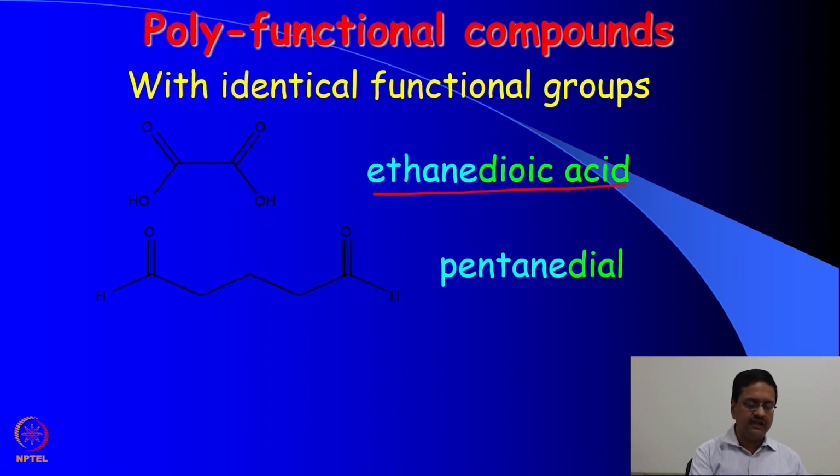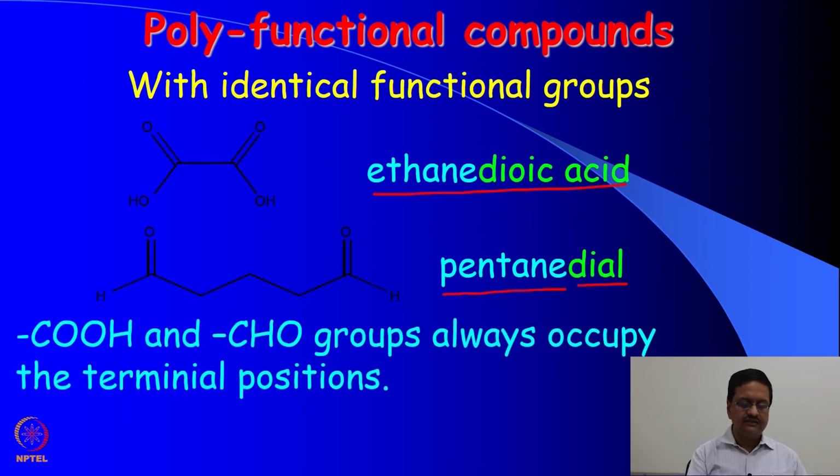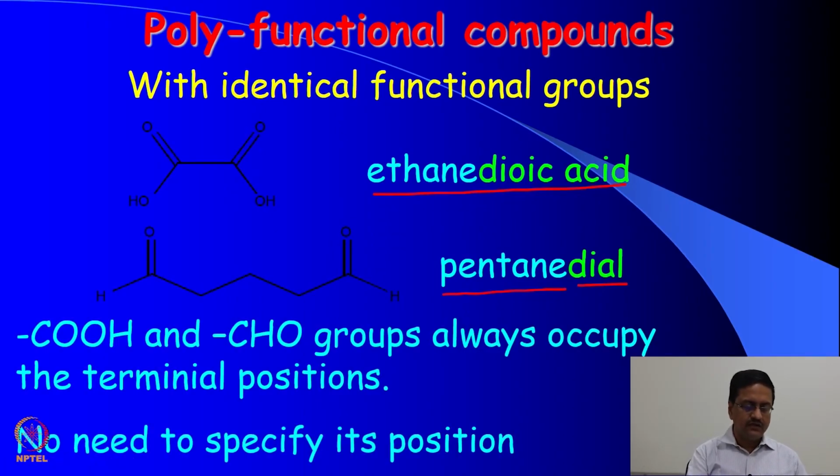The second compound has a 5 carbon chain, named as pentane, and we have 2 aldehyde groups at the 2 terminals. So, we write it as pentanedial. CO2H and CHO groups always occupy the terminal position, which is always to be remembered. So, we do not need to specify their position when we write their names.